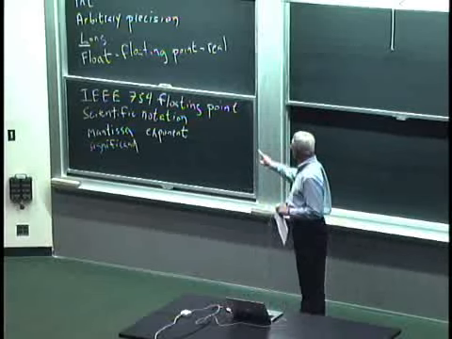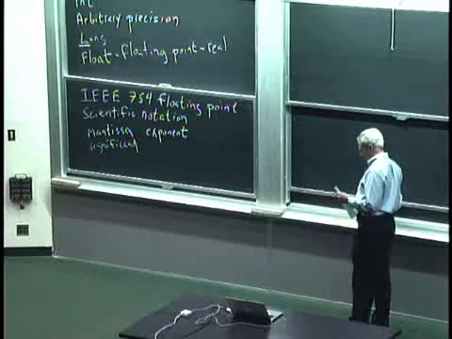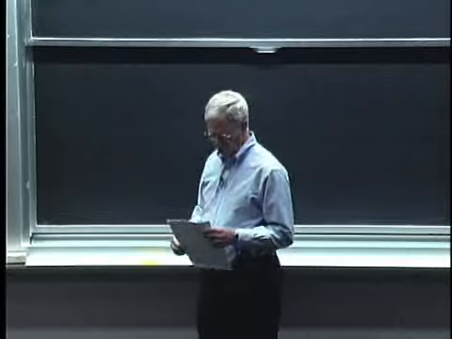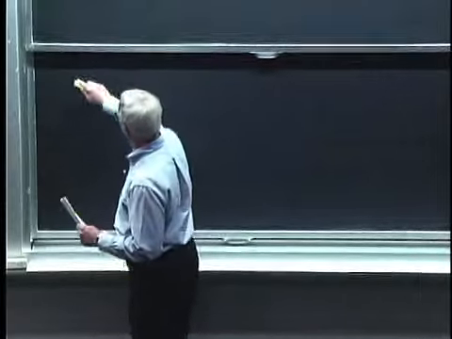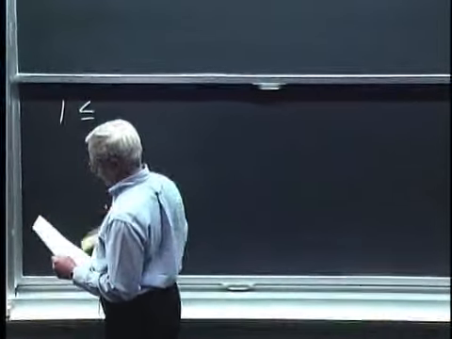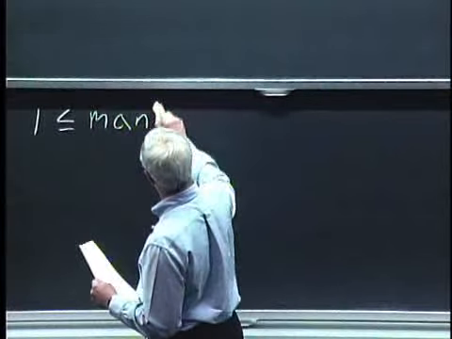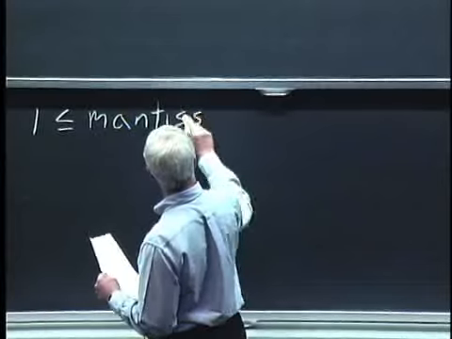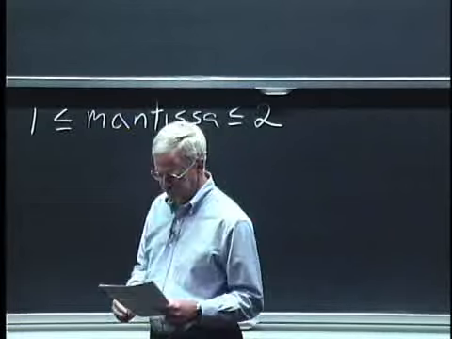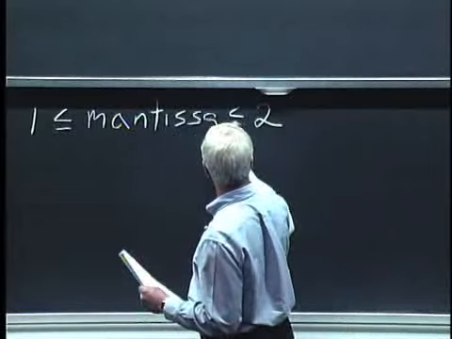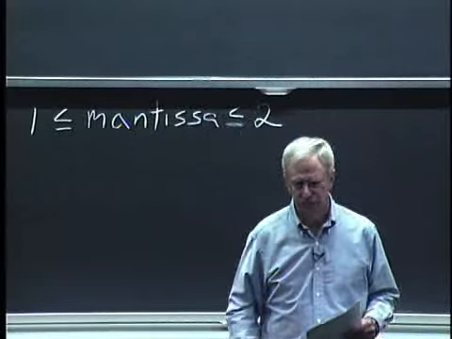All right, so how does this work? Well, when we represent something, the mantissa is between 1 and 2. Whoops. Strictly less than 2, greater than or equal to 1.